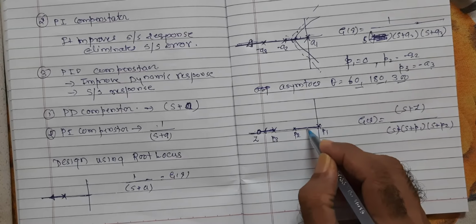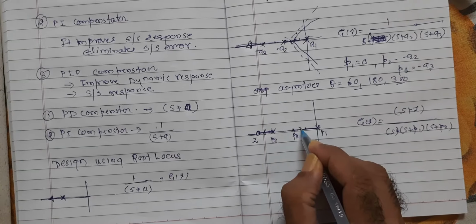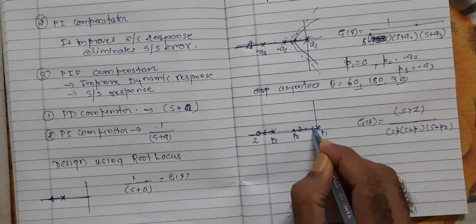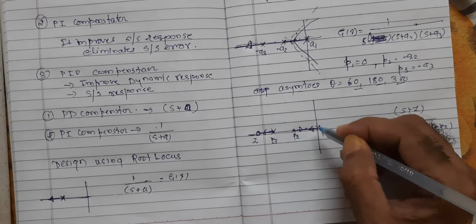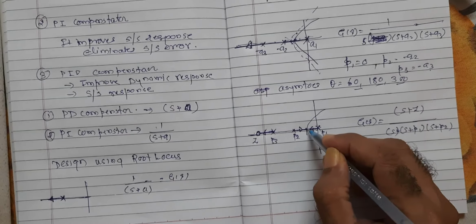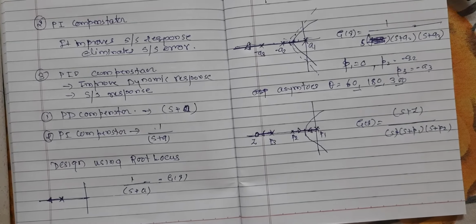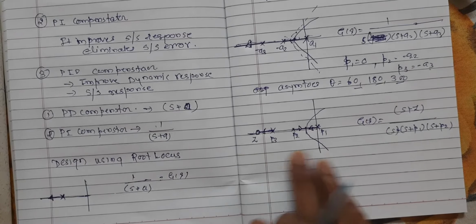So here is the breakaway point, P1 and P2 will move in these directions, and then we will have a curve like this.